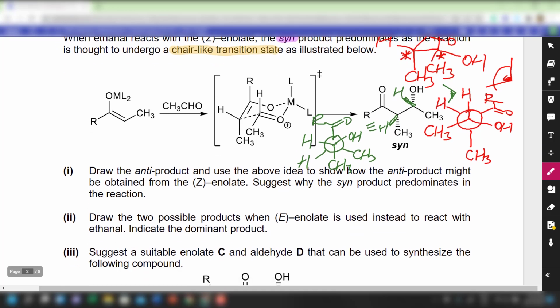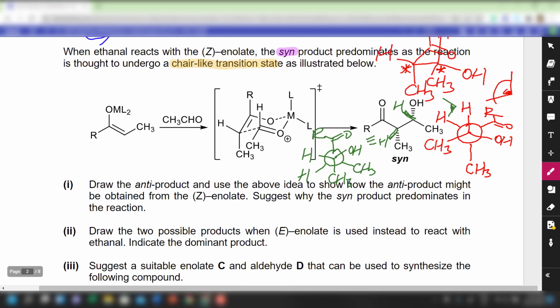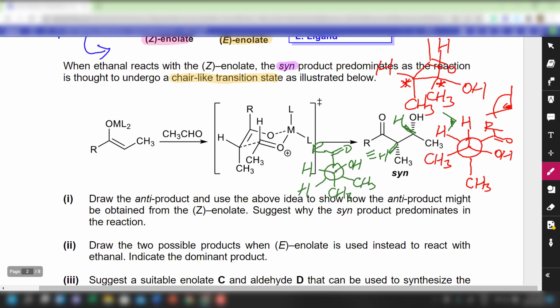So I have to draw the anti-product, which might be obtained from the Z enolate. So how do we get the anti-product? Basically, my Z enolate is fixed. That means this particular portion is fixed. I cannot change it.